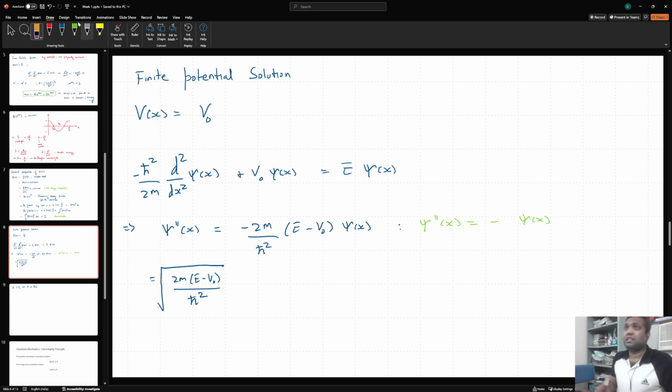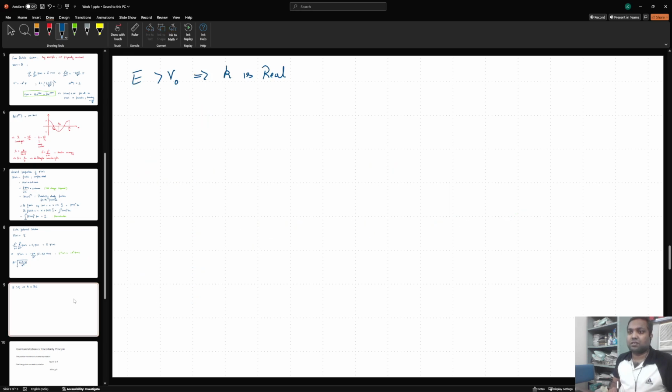Let me say that this is of the form alpha squared, and I will say alpha is equal to this.